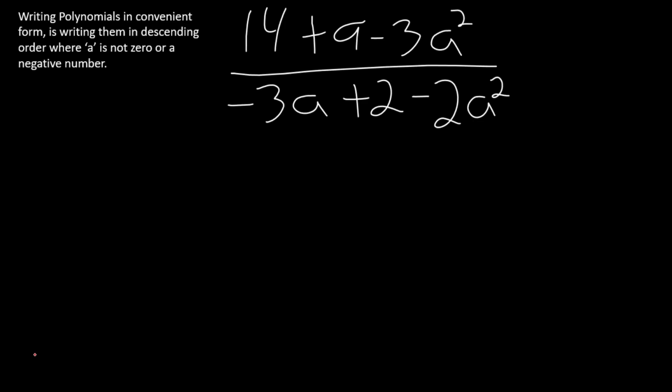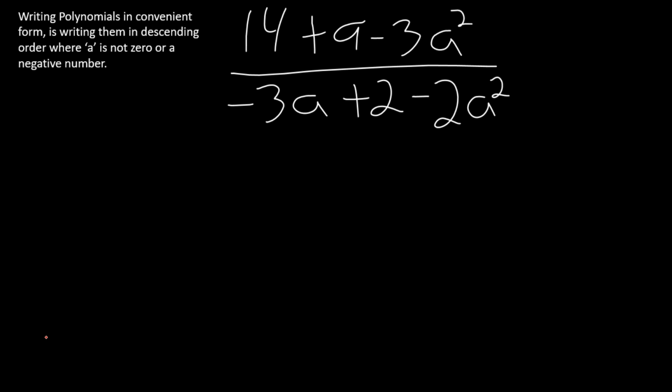So today we're talking about polynomials being moved around in order from descending order, and the A, or the first number letter, cannot be 0 or a negative number.